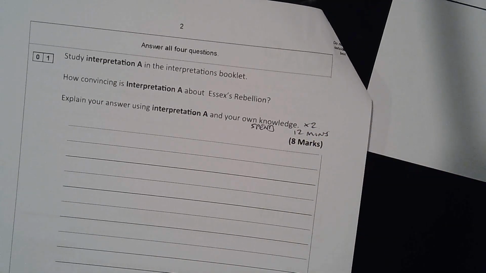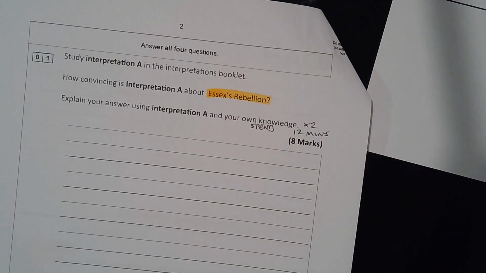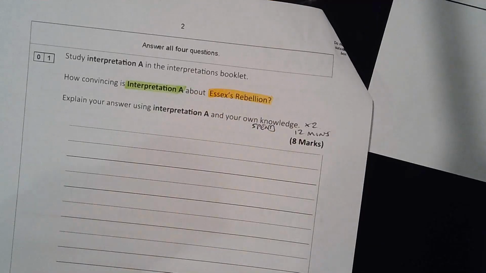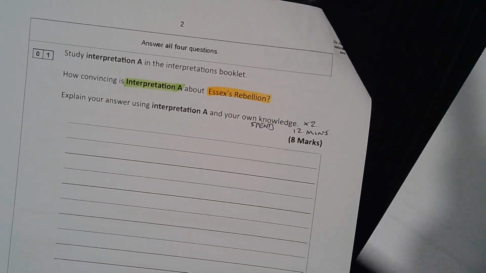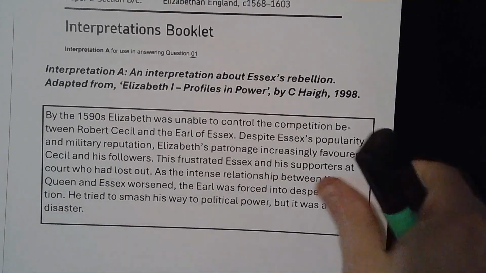And after we read the question, the first thing we do is ask what part of history is the question asking us about. And we know that it's going to ask us about Essex's rebellion. That's the history you've been taught about, and we also know that we need to use interpretation A to help us do that. So you would get your interpretation, you would read through it, you would pick out 2 things about Essex's rebellion.